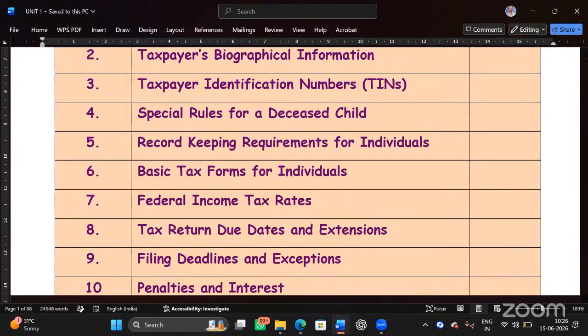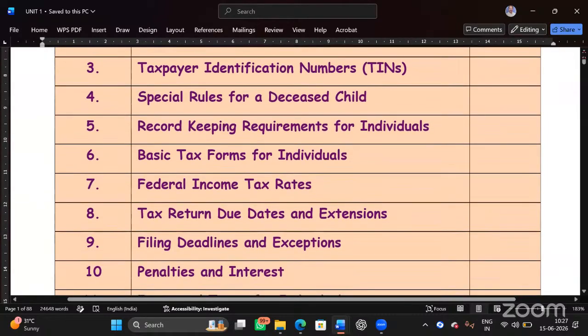Sometimes a baby is born in the year but does not survive, death in the same year. In that case, the Act is still supporting him to claim the dependent. In that case, what additional rules are to be satisfied by the taxpayer is clearly given in special rules for a deceased child.